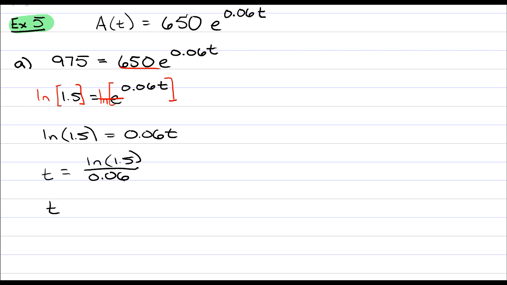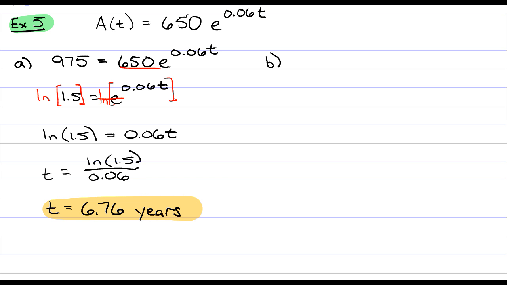Or in other words, t is 6.76, rounded to 2 decimal places, and t is always measured in years in this problem. Okay, so it would take 6.76 years for my $650 to grow to $975 at a continuous rate of 6%.